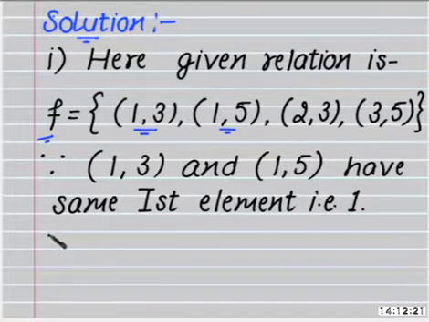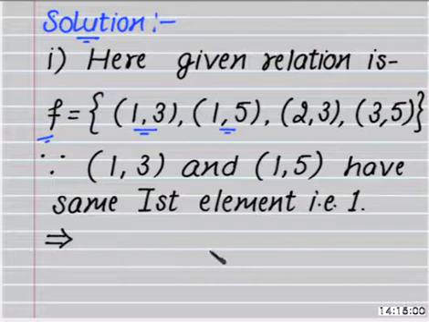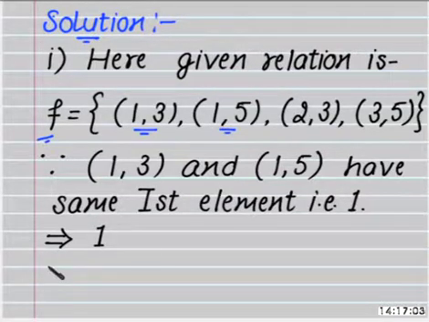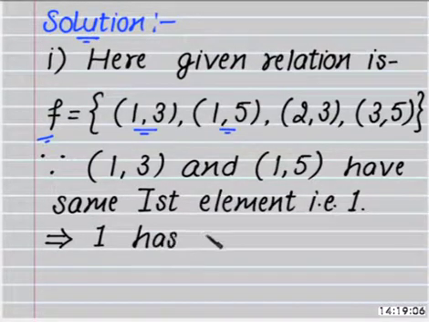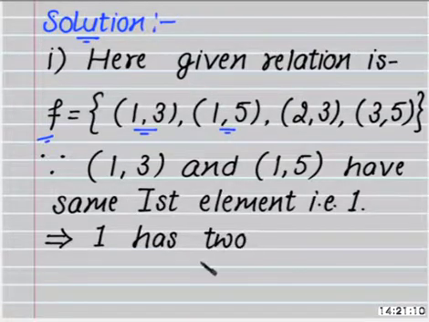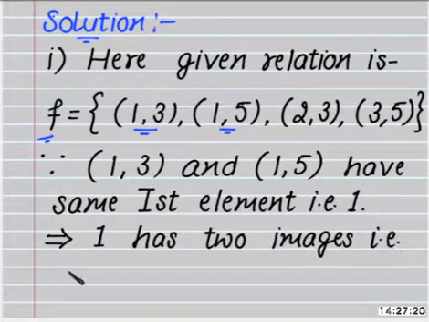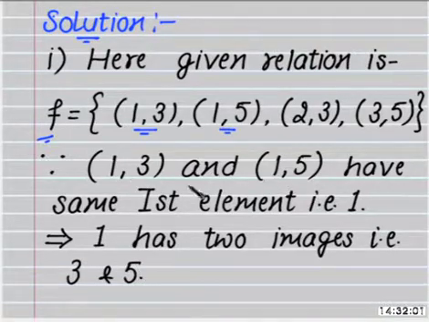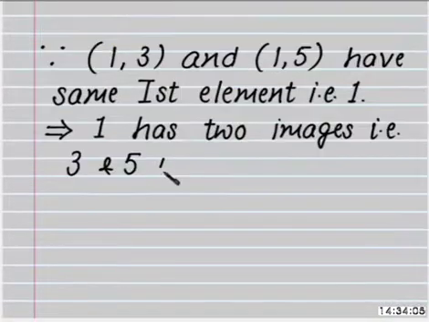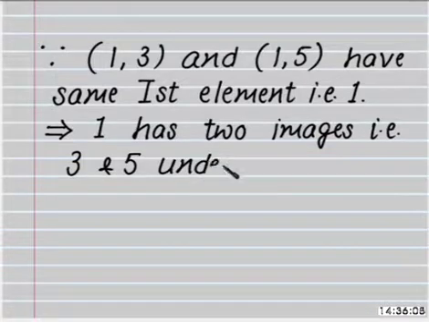Which implies here 1 has 2 images, that is 3 and 5, under relation f.